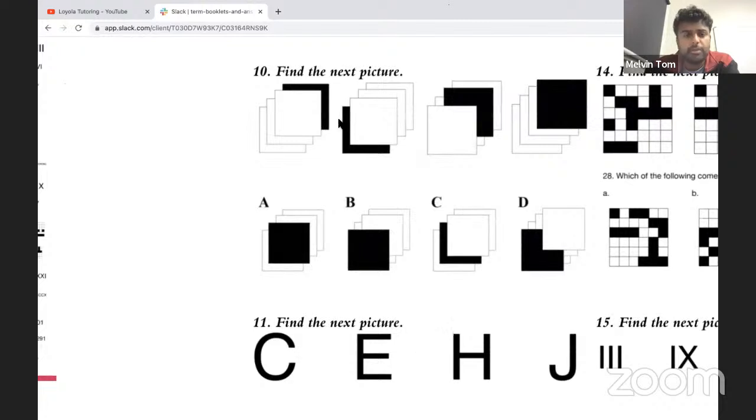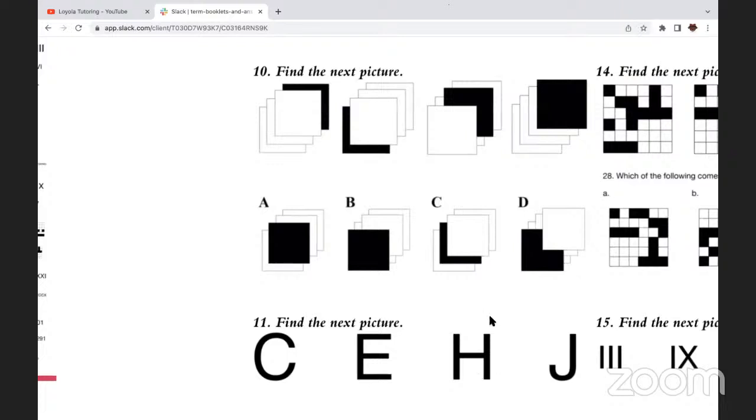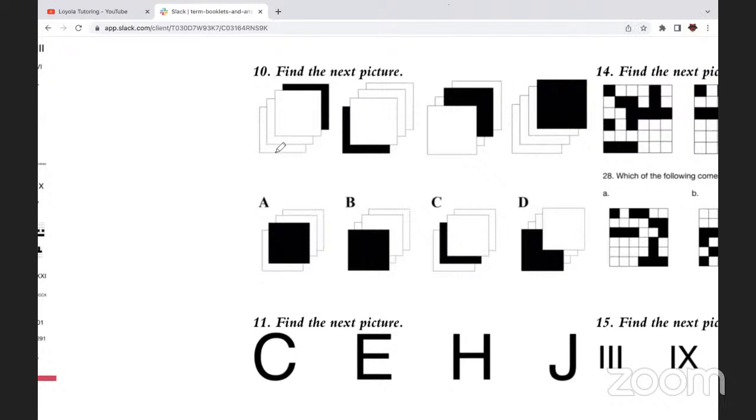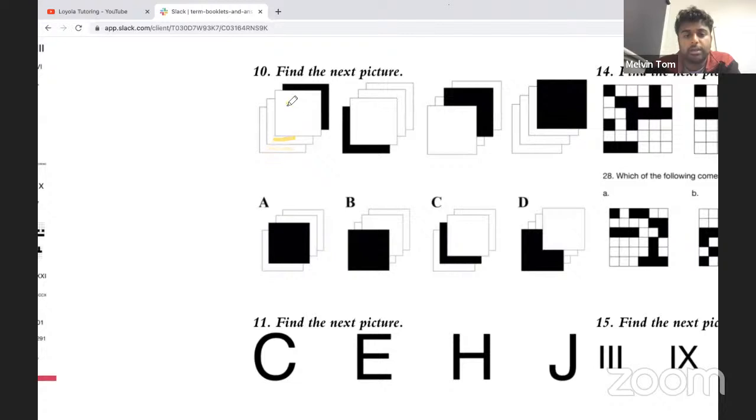For example, in this question number 10, the main thing that's moving is the black square, but everything else is technically staying the same. So the possible locations the black square could be in are the first square, second square, third square, and fourth square. Do you understand?